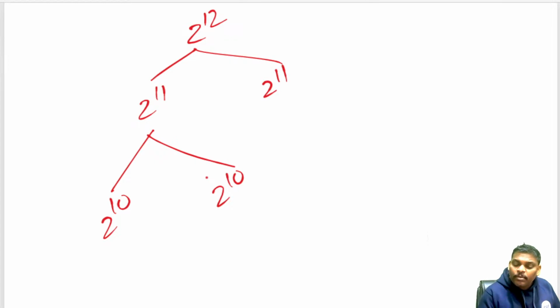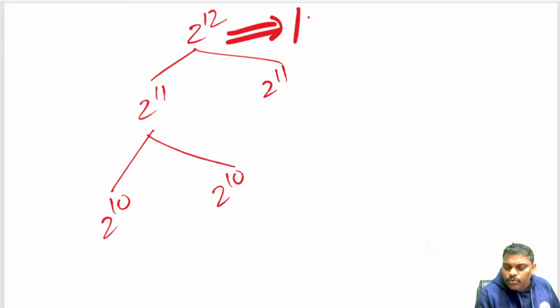Remember everyone, host part is 12. Host part 12 means mask how many? 20, because 20 plus 12 becomes 32.